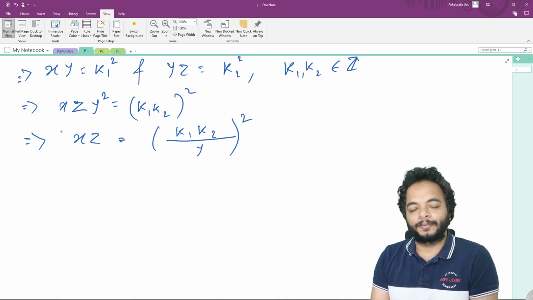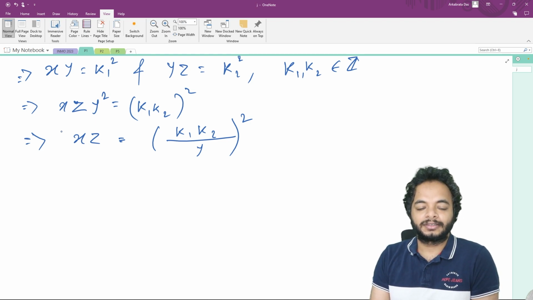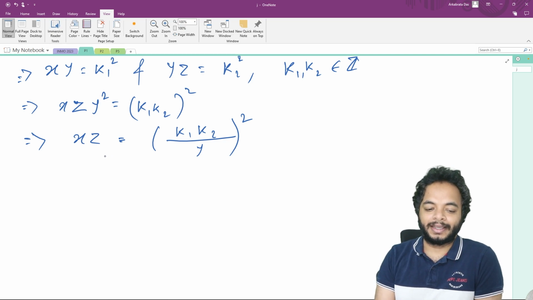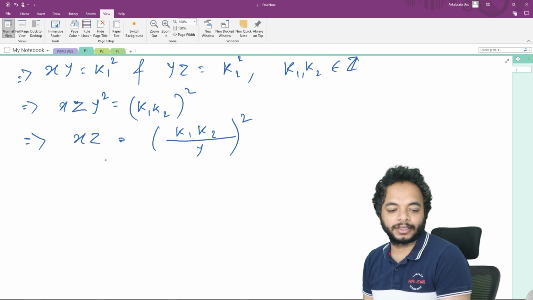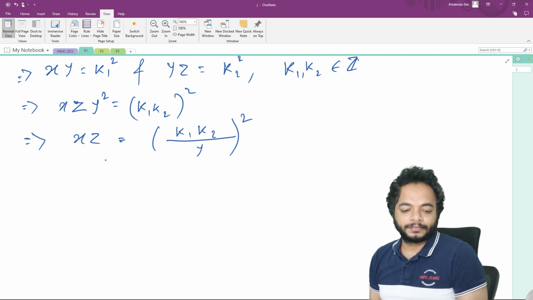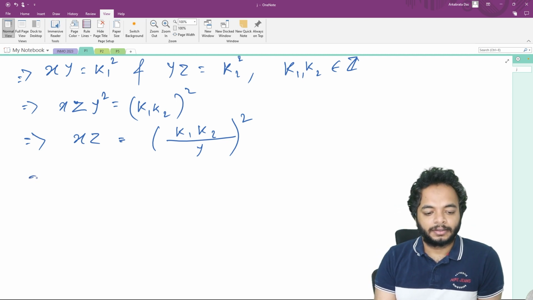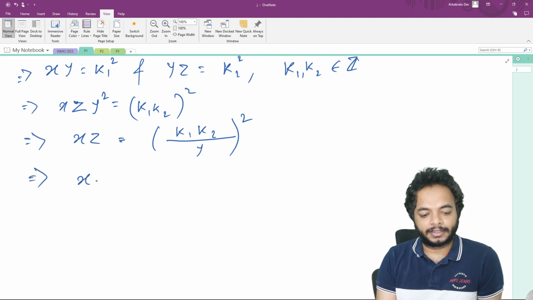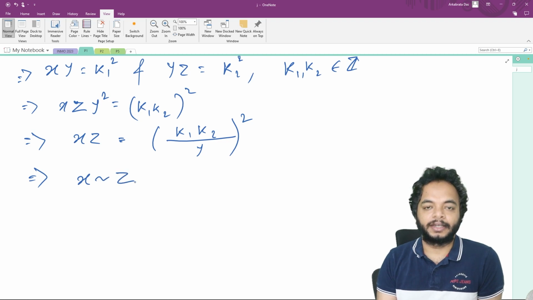If you want to prove it, I leave it to you, it's not very hard to see. And from there we can conclude that x and z are related. This implies x is related to z.